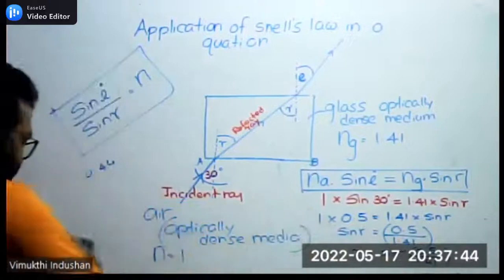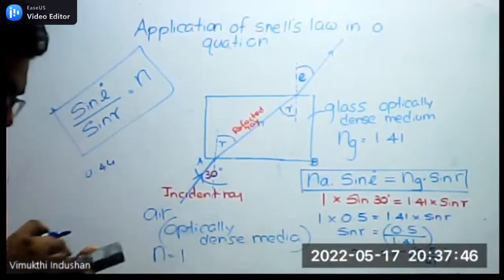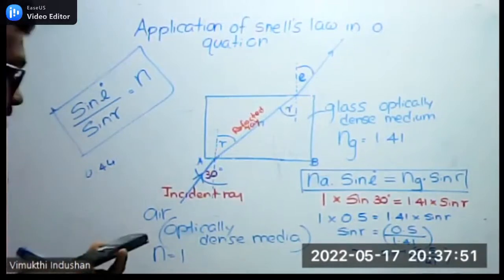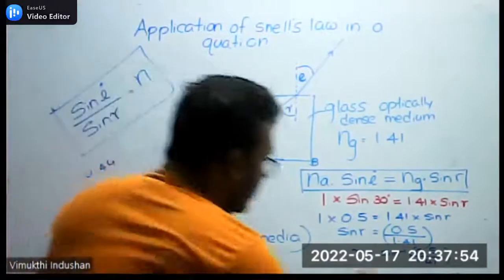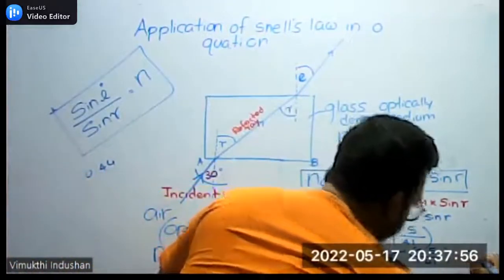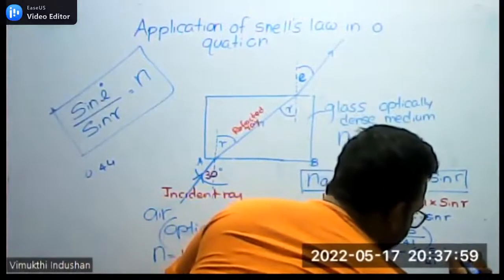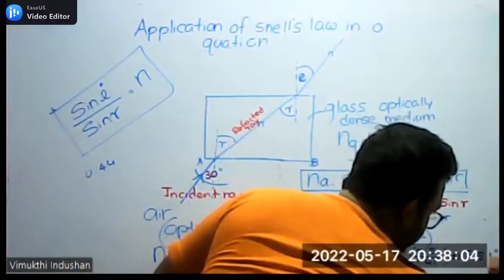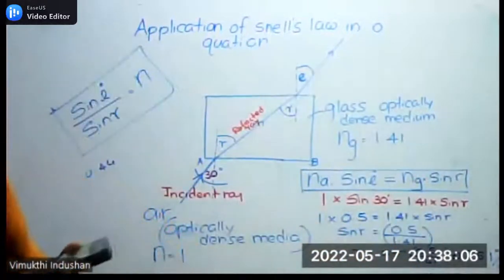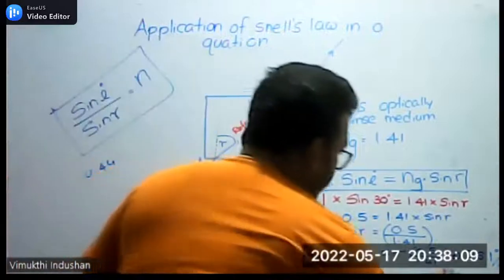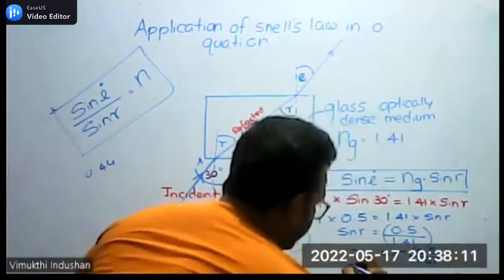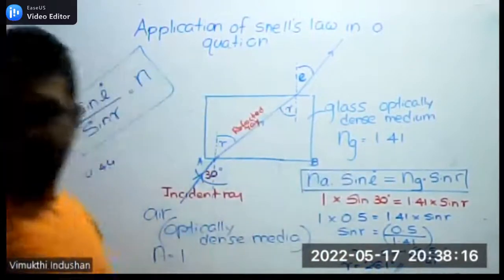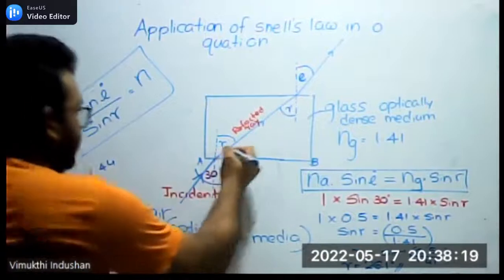So sine inverse of this: you can type shift sine 0.44, which will give you approximately 26.1 degrees. So that should be your answer, 26.1 degrees. I hope you can see. So R equals 26.1 degrees. That is your answer for the angle of refraction.